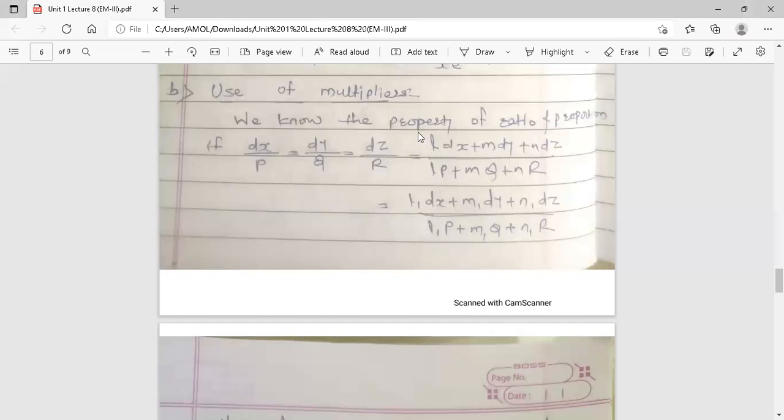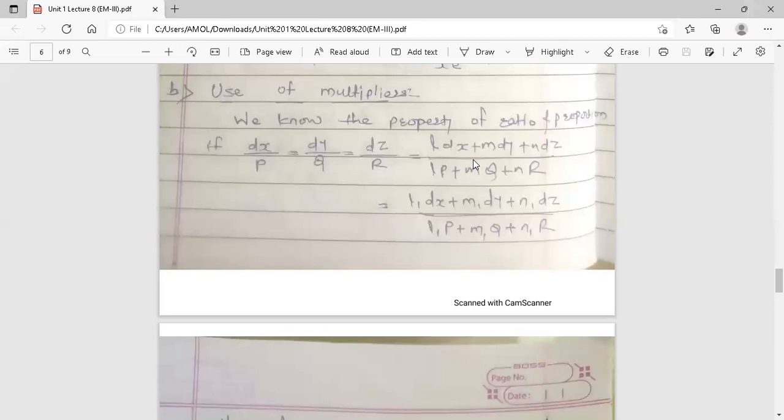What are L, m, n here, or L1, m1, n1? This is the set of multipliers.